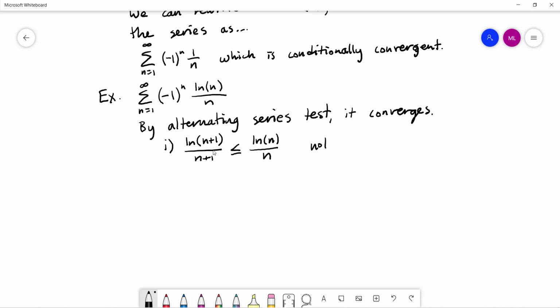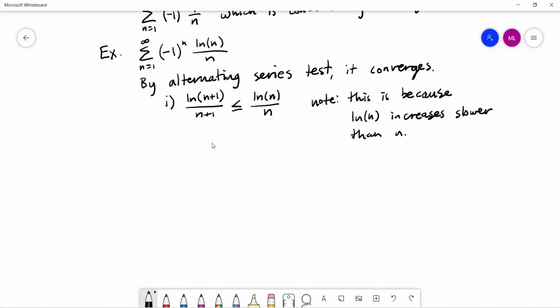So this is because natural log of n increases slower than n itself.